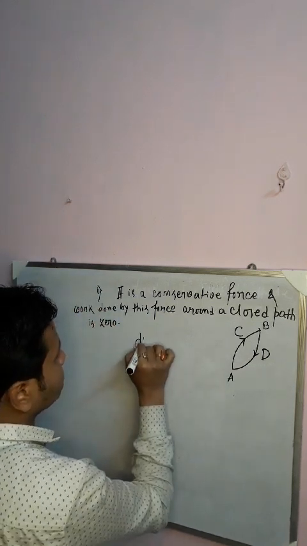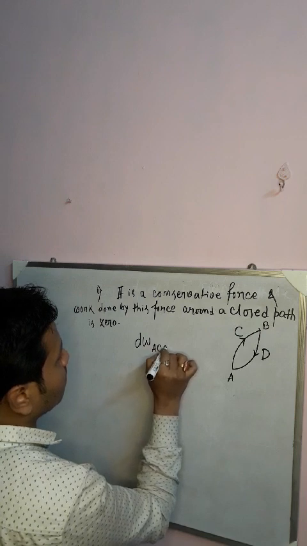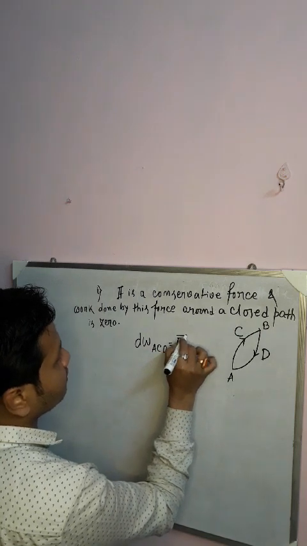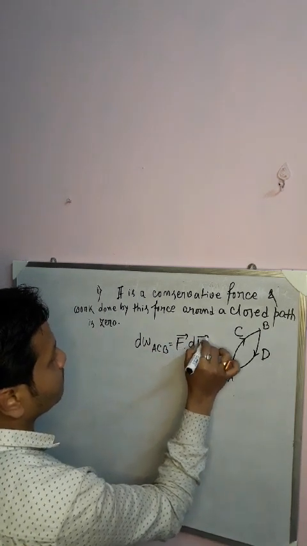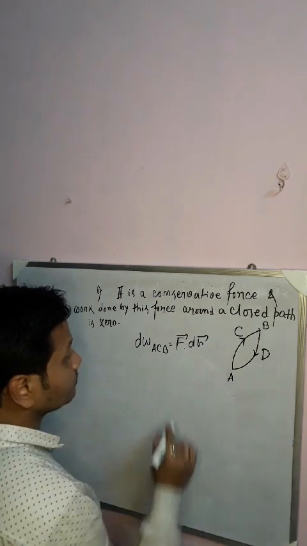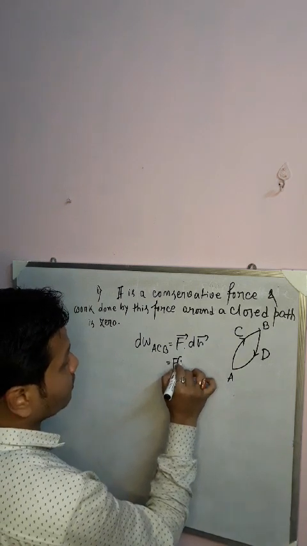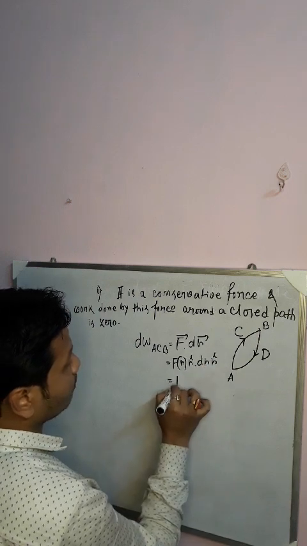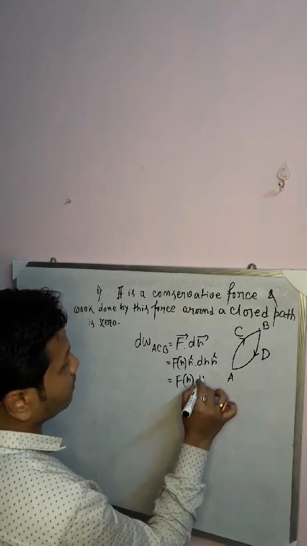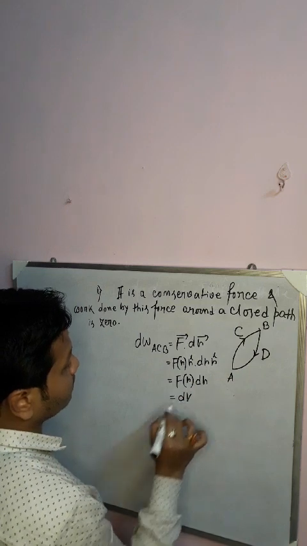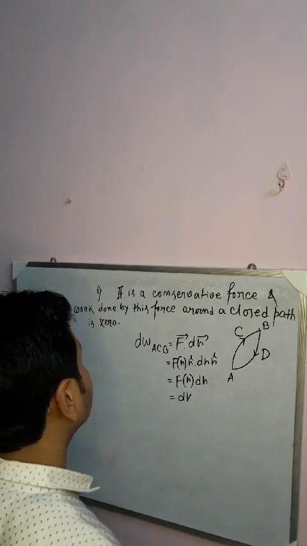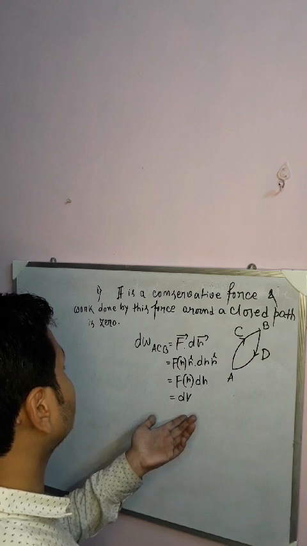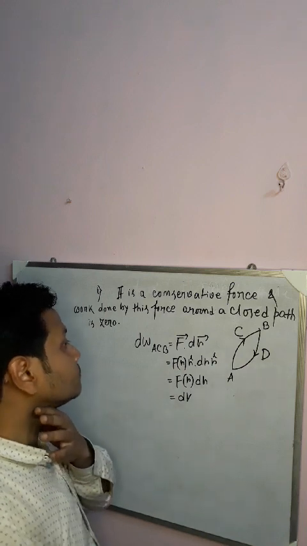If you write it as dW_ACB, that is the work done due to a small displacement dr, then F will be f of r into r cap and dr will be dr into r cap. So this is simply f of r dr, which is simply dV. So dW_ACB is equal to dV.